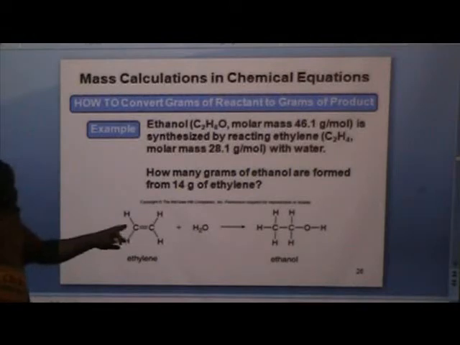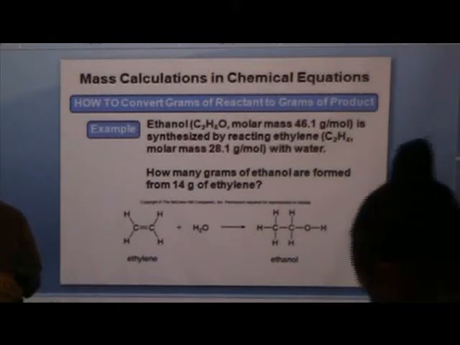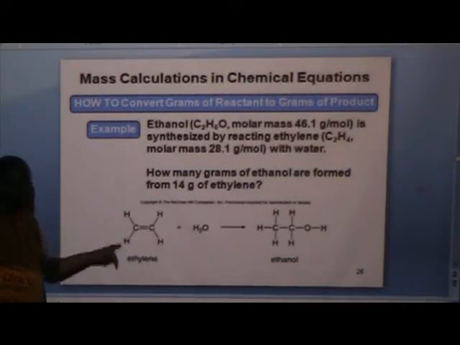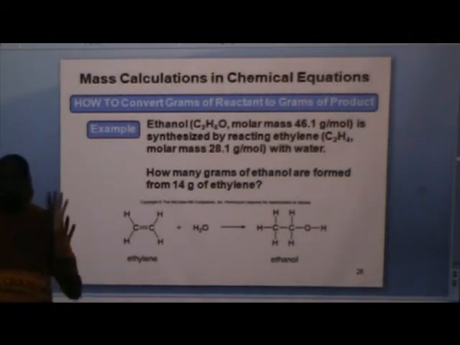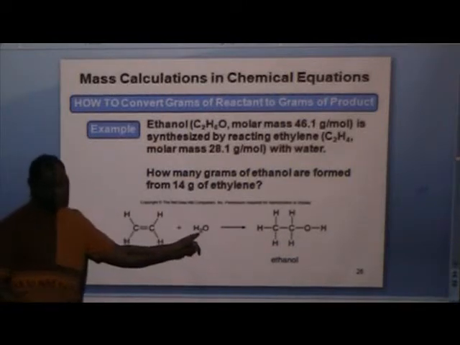Balanced means that you just count the number of atoms on the reactant side and on the product side. How many atoms of hydrogen do you have on the reactant side? 6, 4 here in ethylene plus 2.